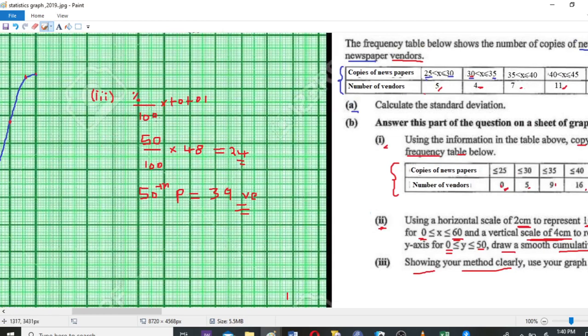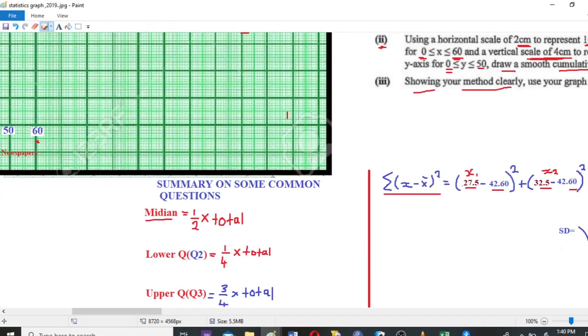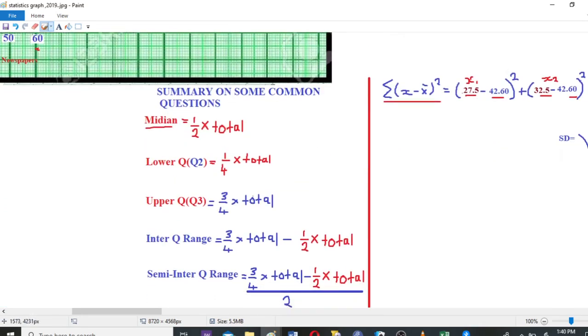We divided by 100, multiplied by the total. After finding the value from this mathematical expression, you take that on your graph, from the frequency, or you find that number on the y-axis, and then you obtain the answer from the x-axis, right? So that's what you can do here.